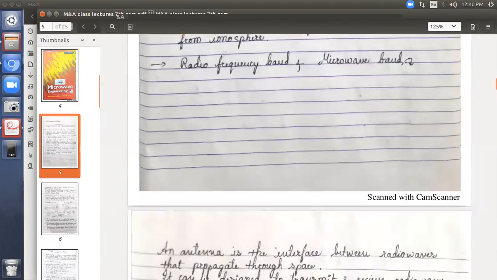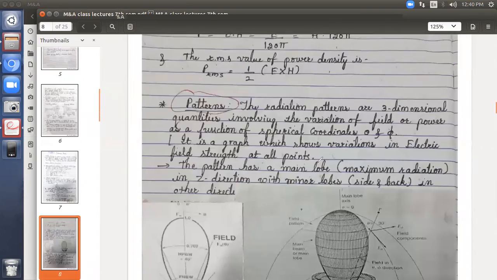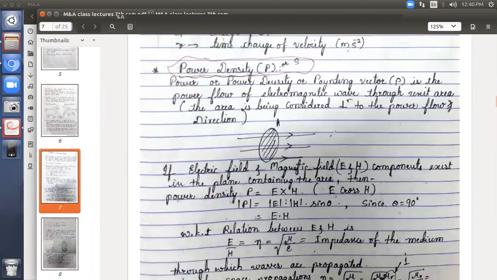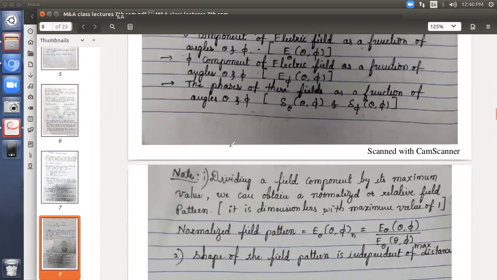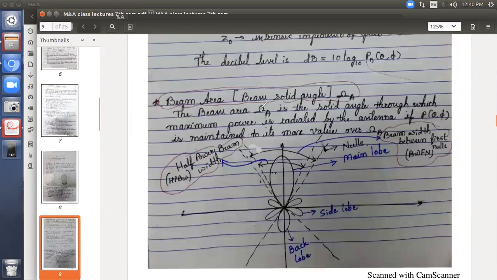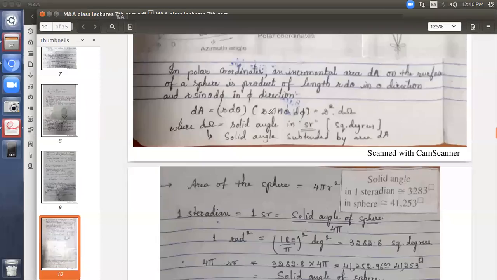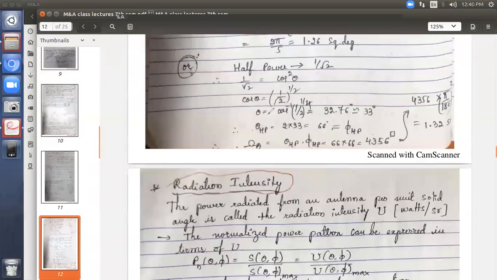Okay, we started with the first one, power density. Then we went for patterns. Then beam area, that is beam solid angle. Then we have seen a few problems.